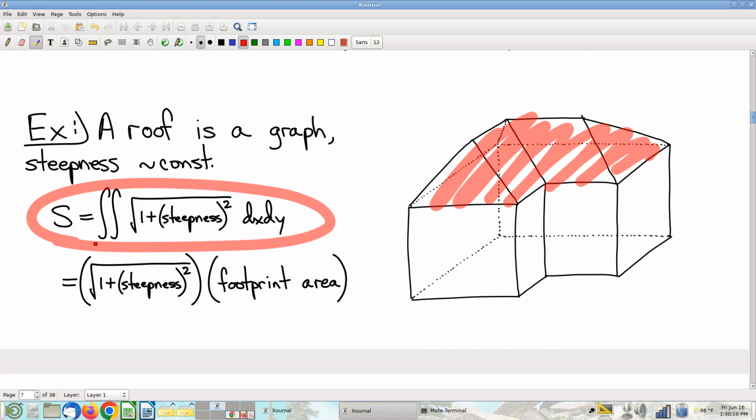Okay, well, now, why am I writing this in terms of steepness? Here is, I guess I'll call this an architectural trend, a very common convenience in architecture. Very often they'll make roofs in such a way that the steepness is constant.